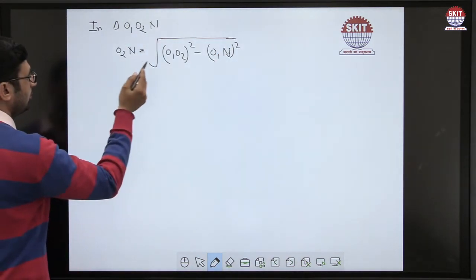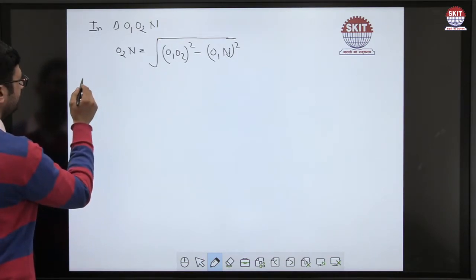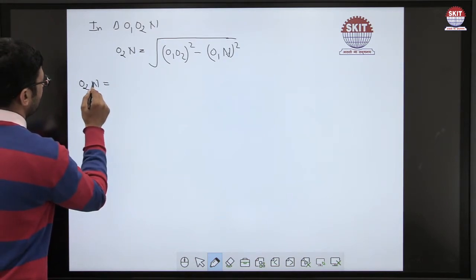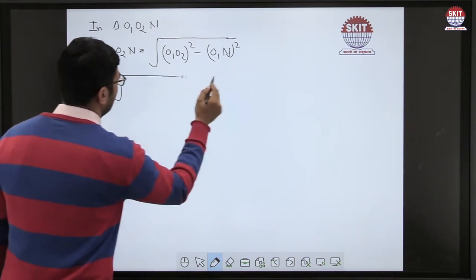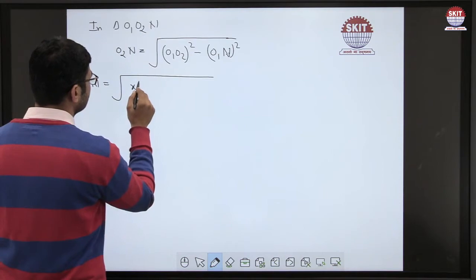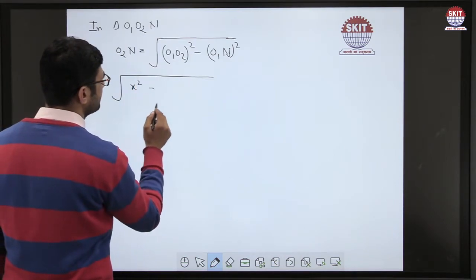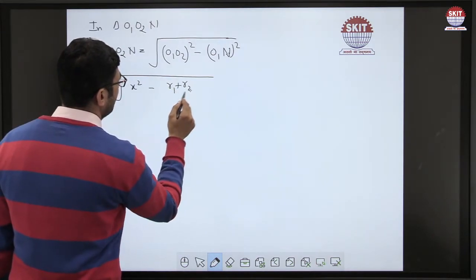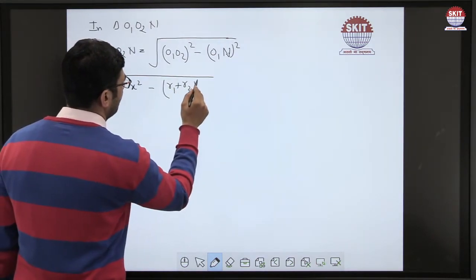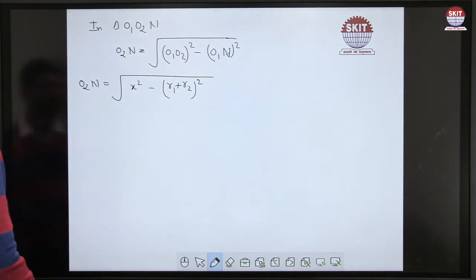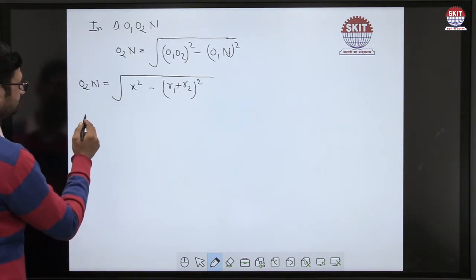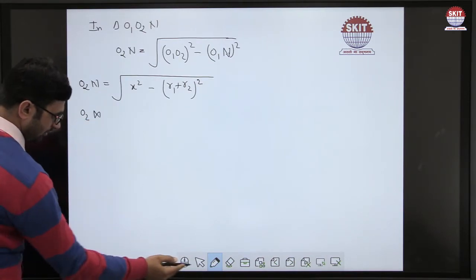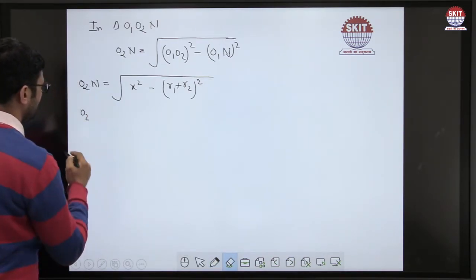Now put the value of O1O2 and O1N: O2N equals under root x square minus (R1 plus R2) whole square. We take the x square common and put this value out of the square.